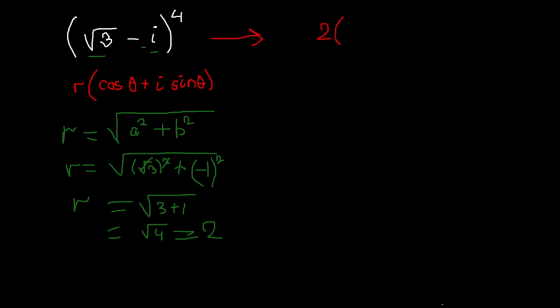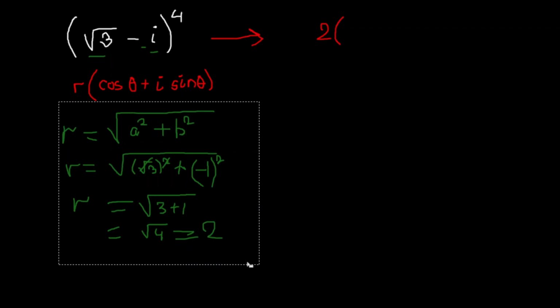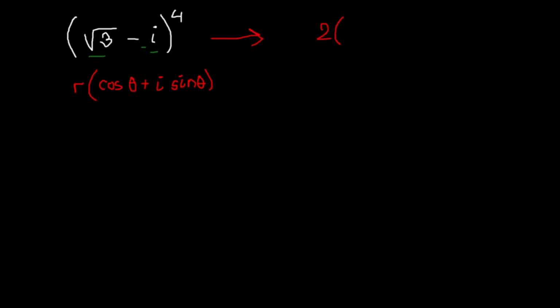Now let's find our theta, our angle. To find our angle, we simply find the arctangent of b over a.